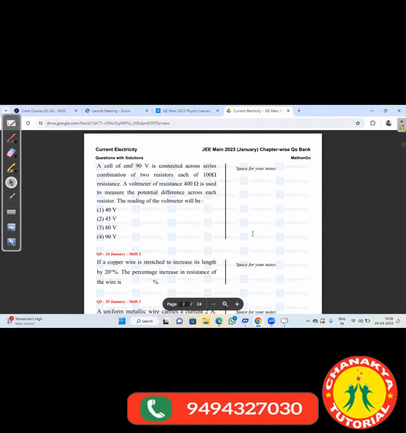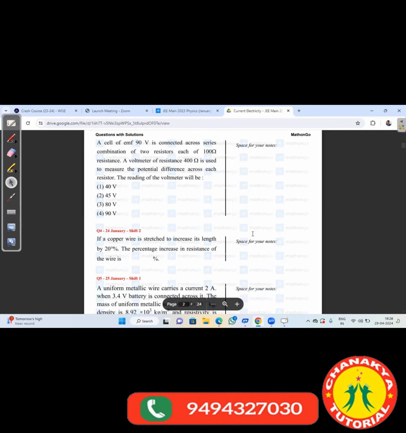See, a cell of EMF 90 volt is connected across series combination of two resistors, each of 100 ohm resistance, and a voltmeter of resistance 400 ohm is used to measure the potential difference across each resistor. The reading of the voltmeter will be. So I think these are simple questions and you can find them out.